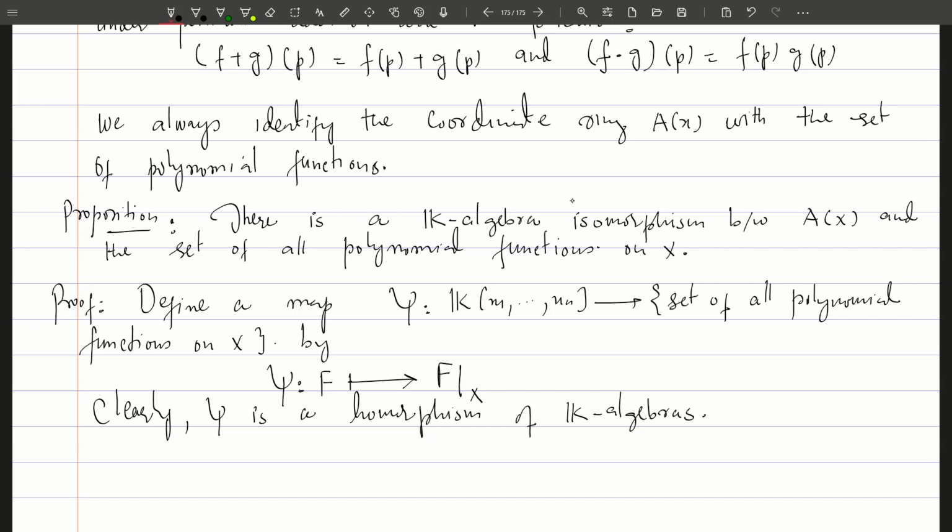This psi is also surjective by definition, because we have defined the polynomial functions precisely as the restriction of polynomials.